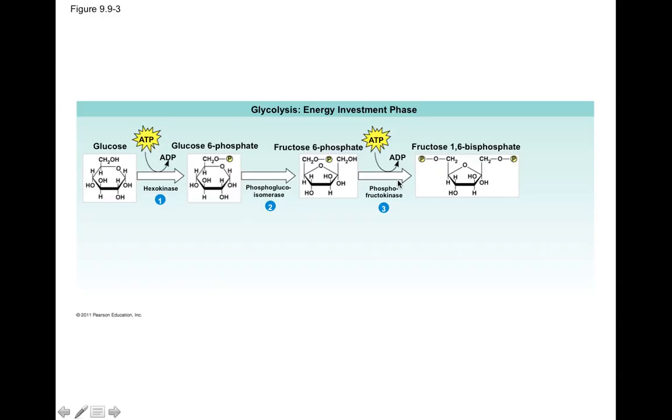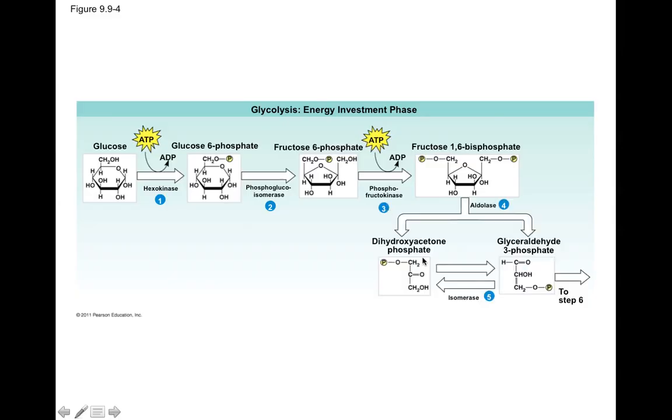We add another molecule of ATP. We phosphorylate this fructose 6-phosphate to get fructose 1,6-bisphosphate. You can see it's got 2 phosphate groups on it. That's catalyzed by phosphofructokinase.